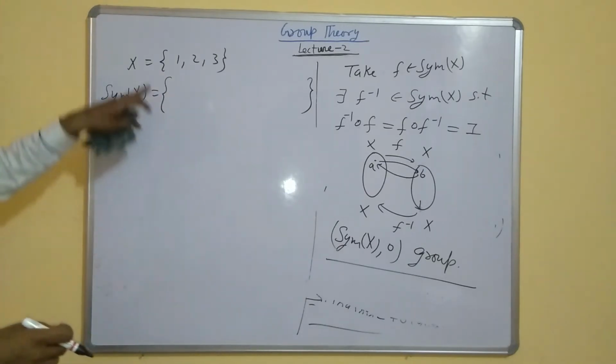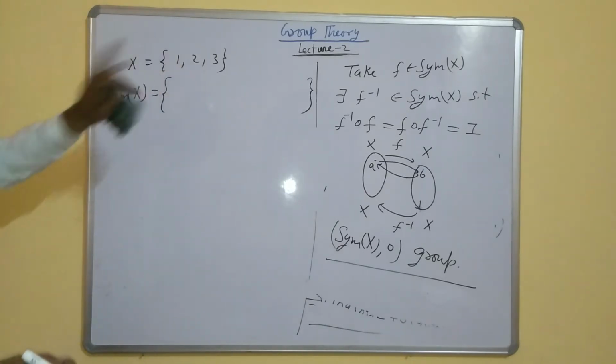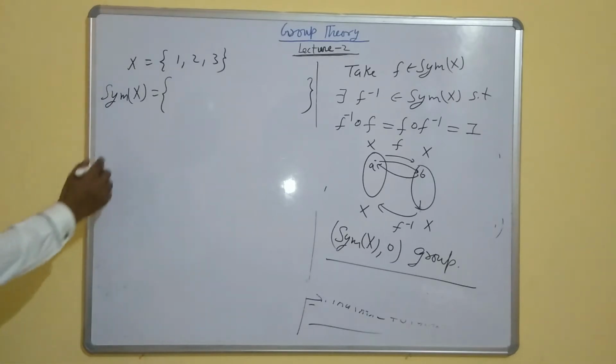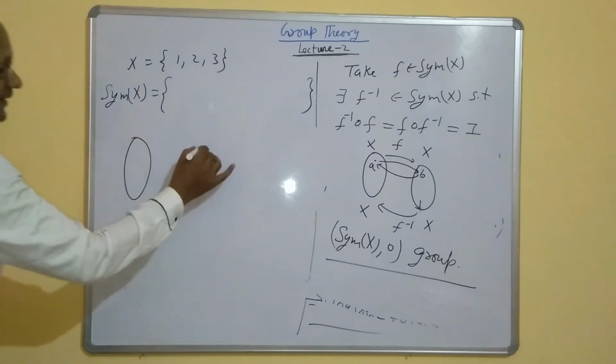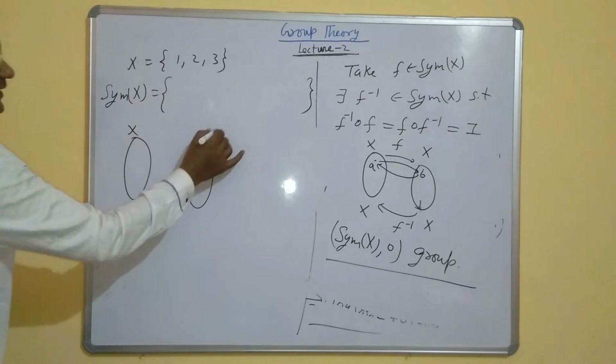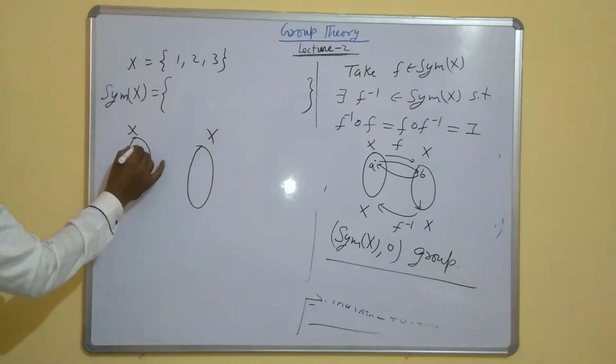So we need to determine how many bijective maps from x to x can be determined. So if we want to determine a bijective map from x to x, this is a set x, this is a set x, and 1, 2, 3 is here.